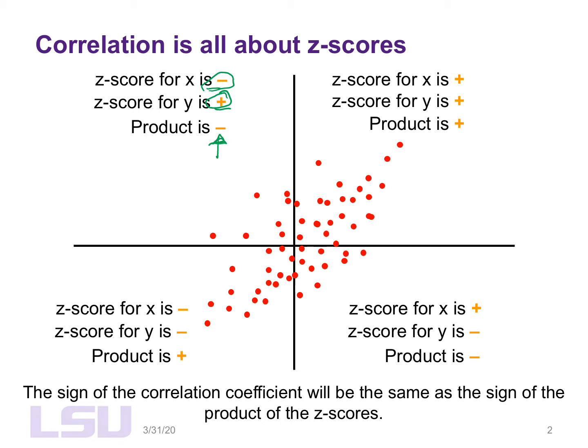And how do you get the sign for these different z-scores in this quadrant? Well, this is your x-axis, right? This is y. Let me do a better job here. I'm going to erase. How about we use black?